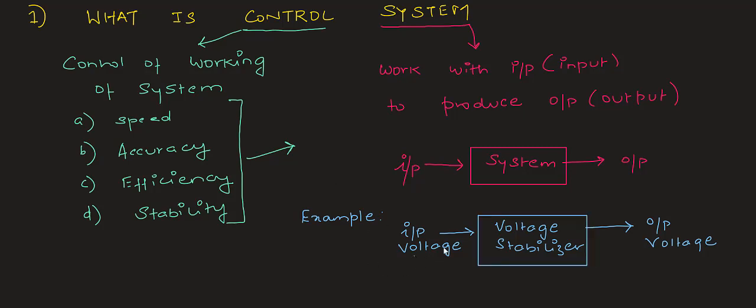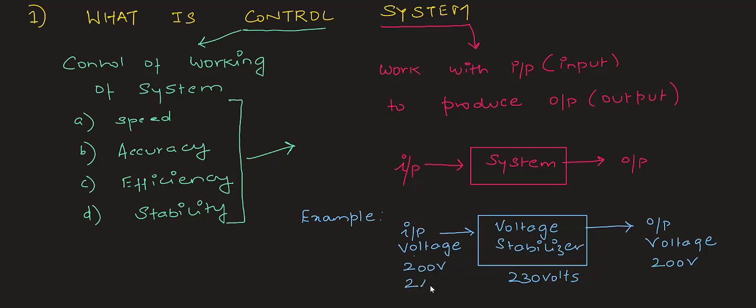Good. Now a wonderful example of an analog control system is your voltage stabilizer at home. The functioning of a voltage stabilizer is very simple. The system is your stabilizer, which is set at 230 volt.